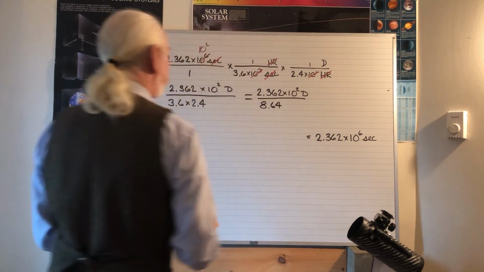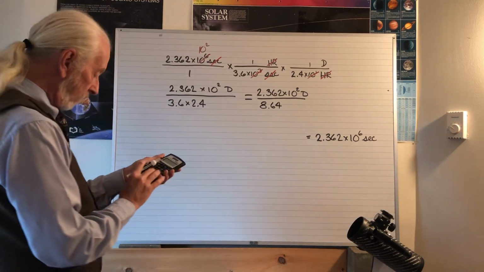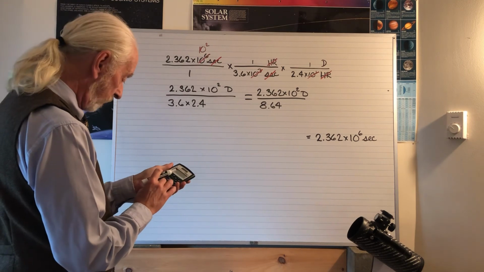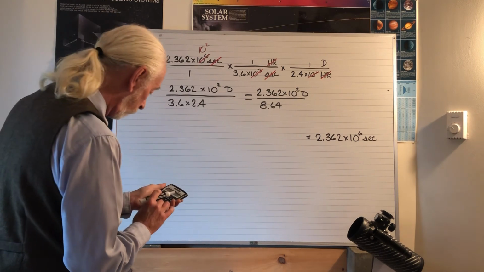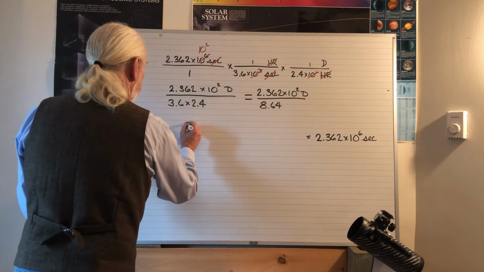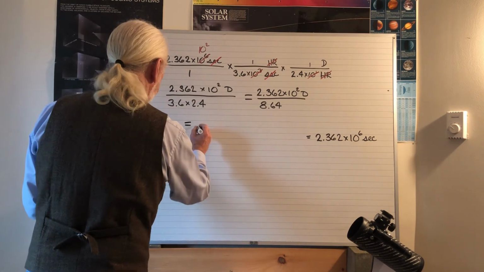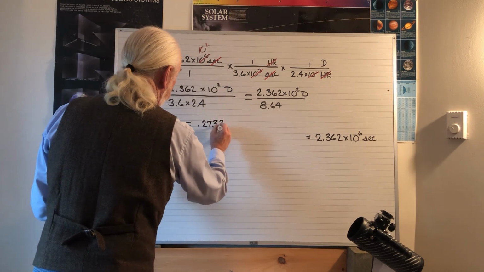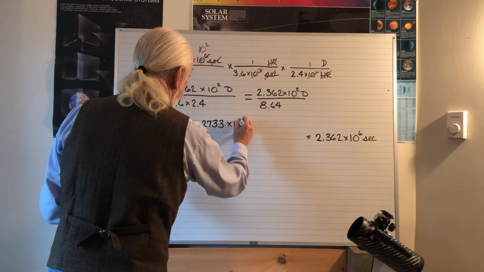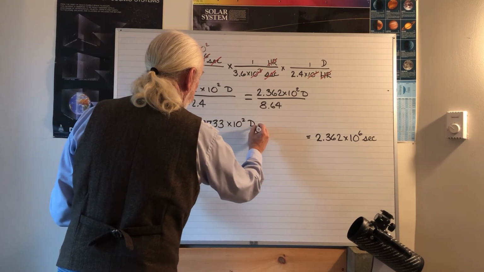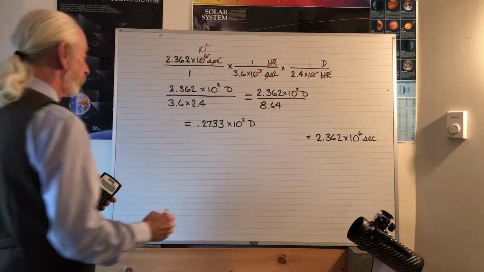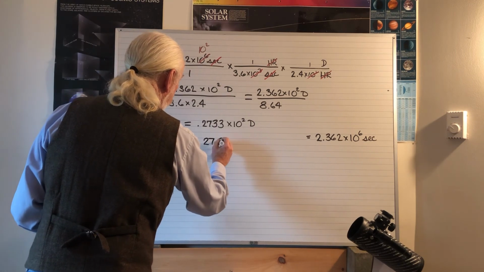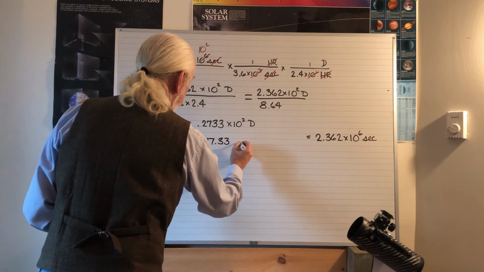So 2.362 divided by 8.64, I get 0.273 times 10 squared days. Or if I want to put that in standard notation, that's going to equal 27.33 days.